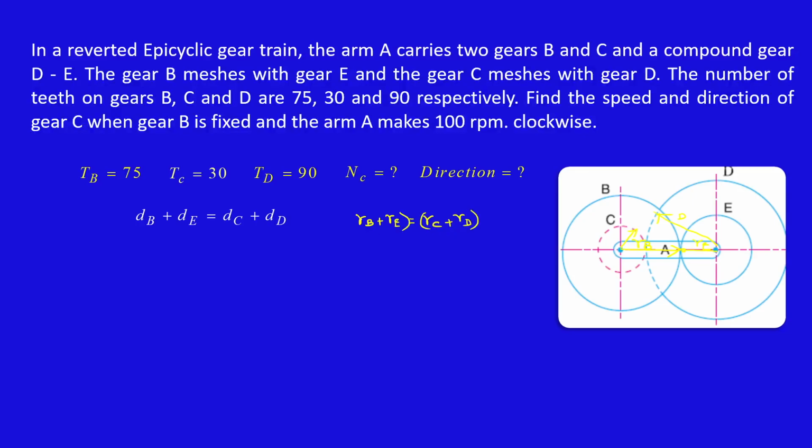Multiply both sides by 2. Two times the radius equals the diameter. I can write it as DB plus DE equal to DC plus DD.